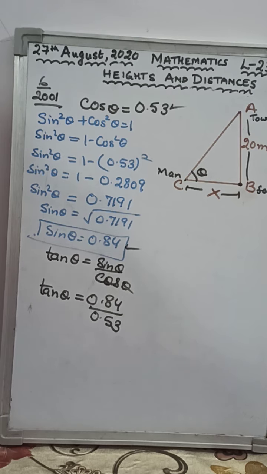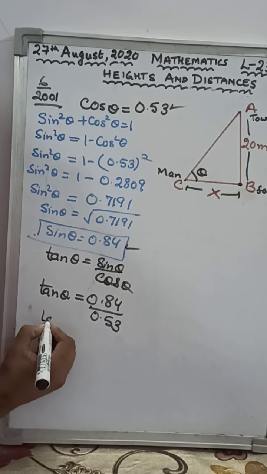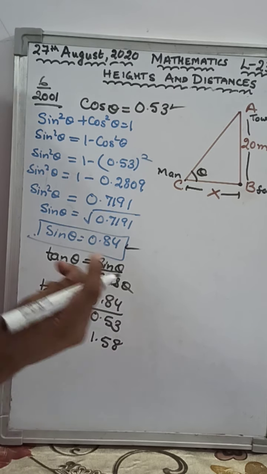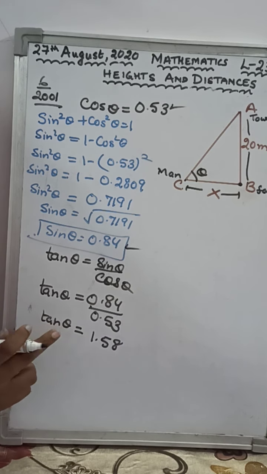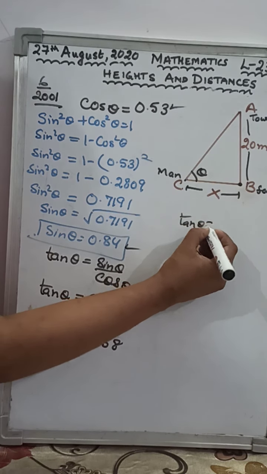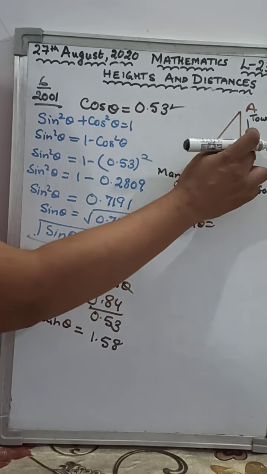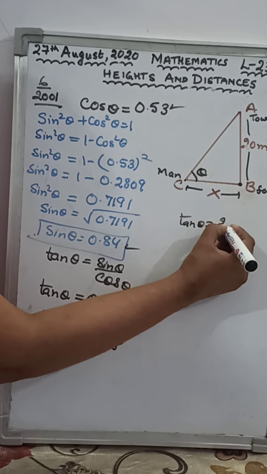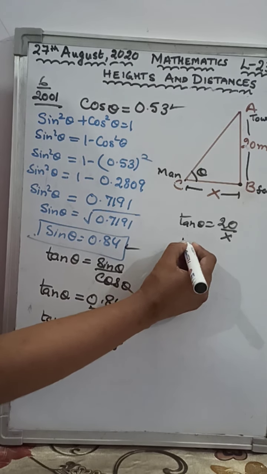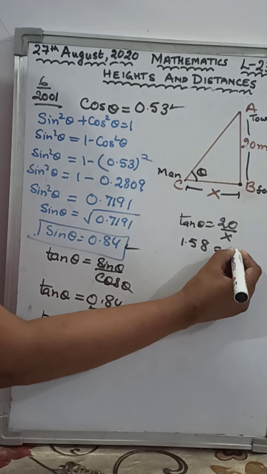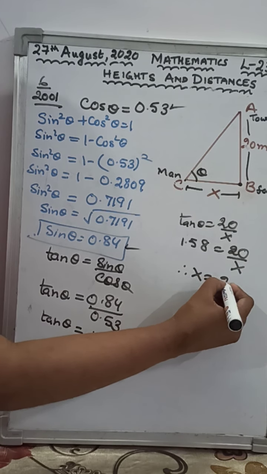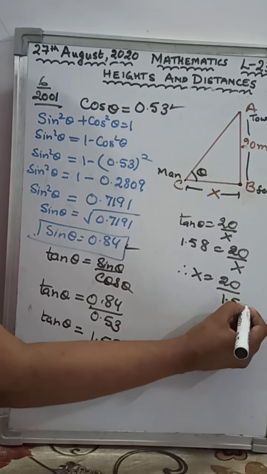Got it? Now you will divide it, and 1.58 something will come. Now what is tan theta? If you see this triangle ABC, tan theta is perpendicular upon base, that is 20 over x. So you will put 1.58 is equal to 20 upon x. Therefore x will be equal to 20 upon 1.58.